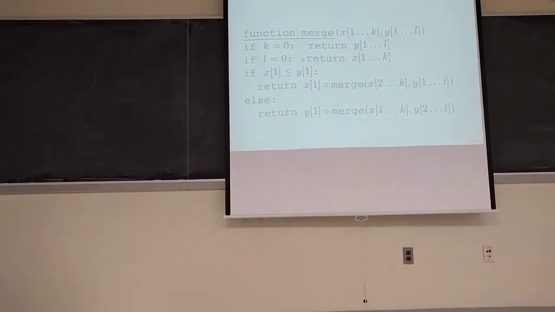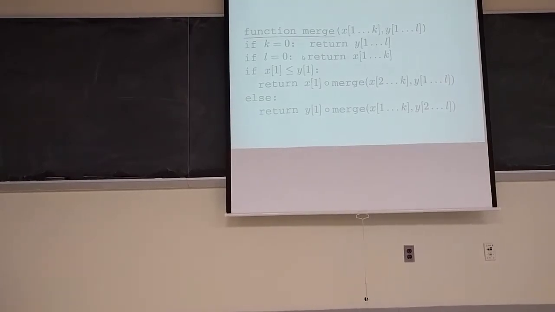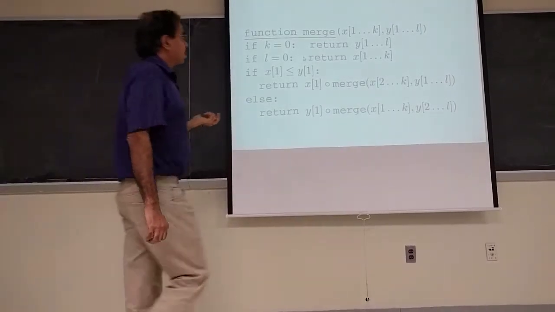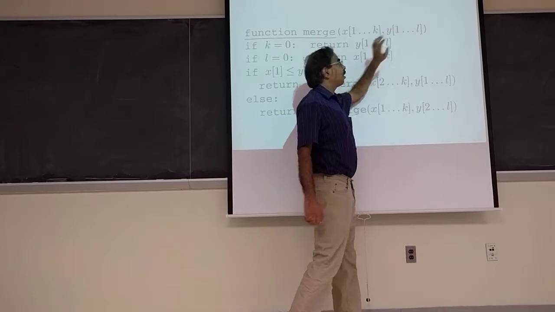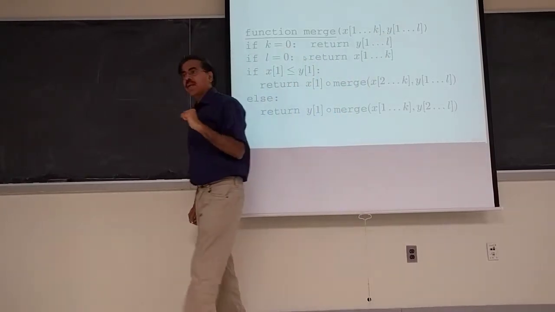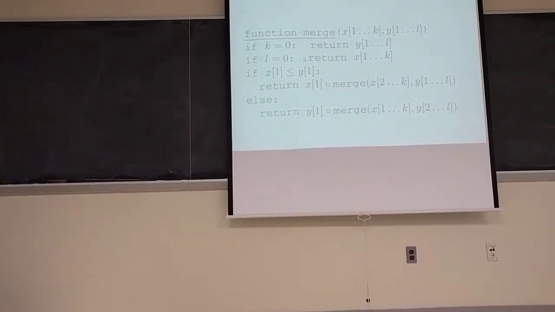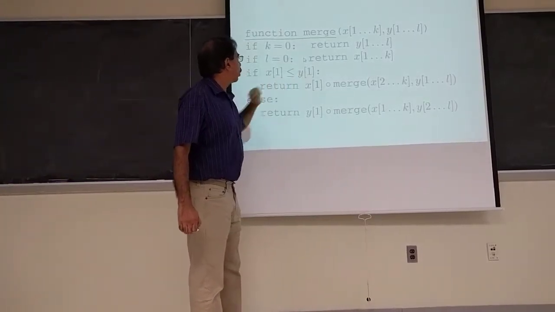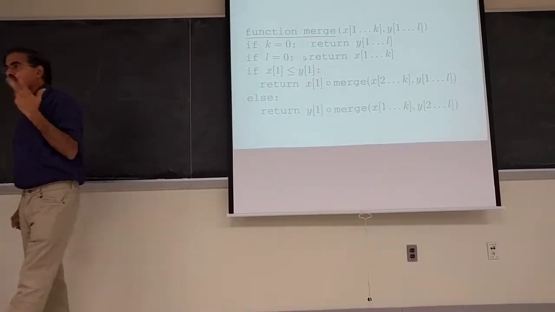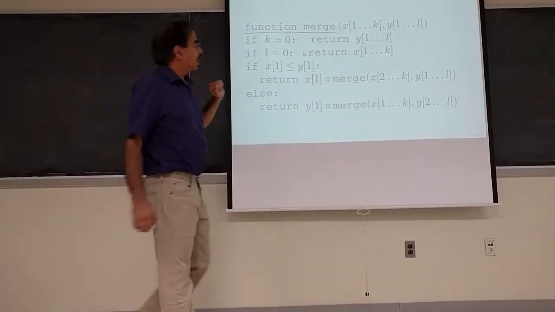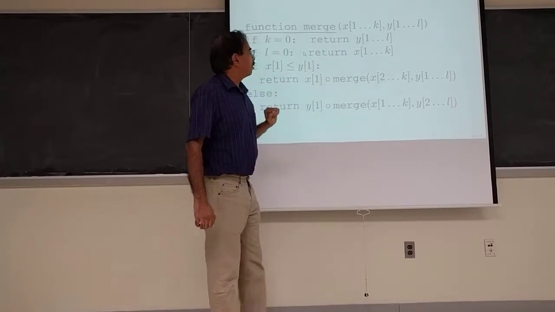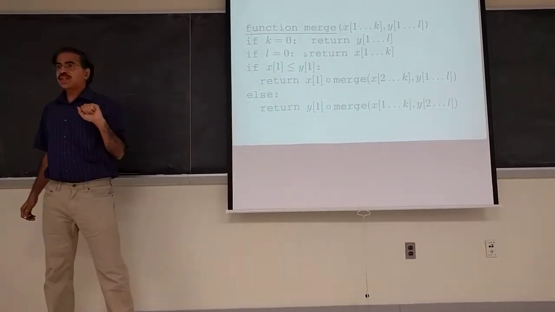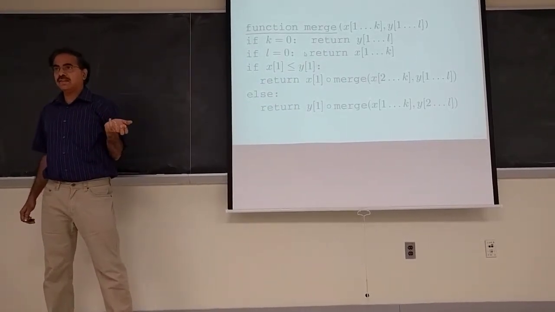So if you want to figure out the first element that we need to output, it needs to be the smallest among all of x's and all of y's. We already know x1 is the smallest among x's, and y1 is the smallest among y's. So all we need to do is compare x of 1 and y of 1, and whichever is smaller we output, and then we still have the merge of the remaining things left.